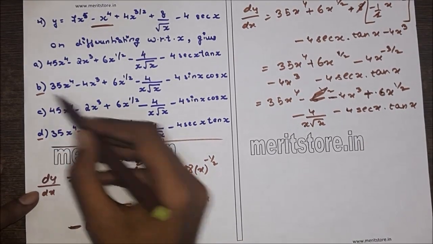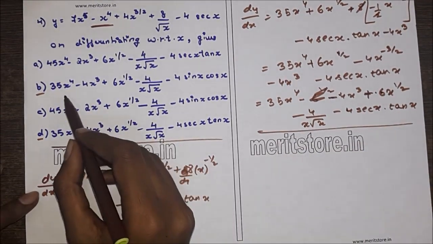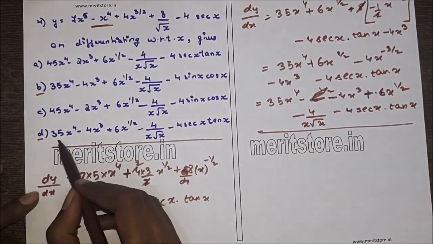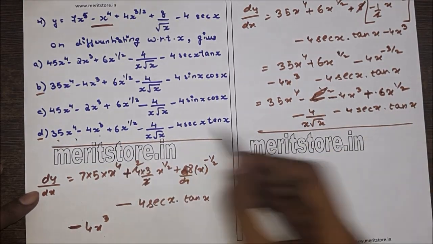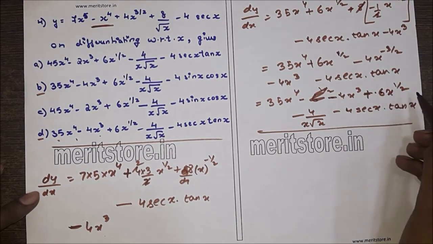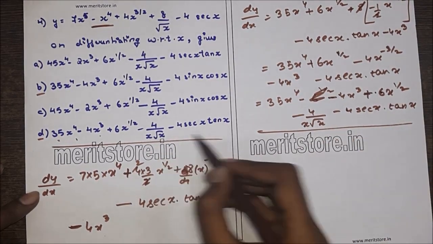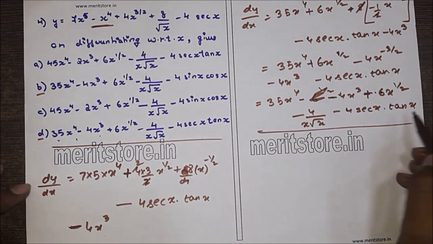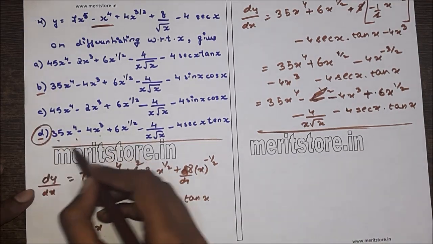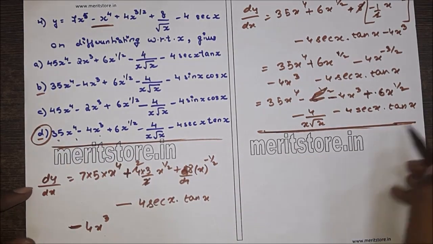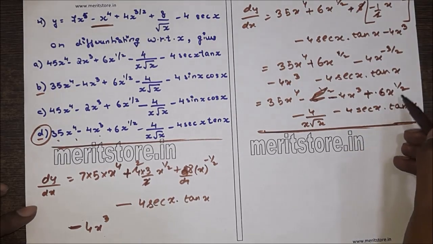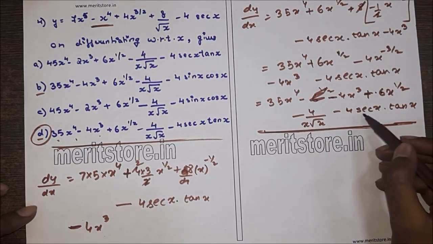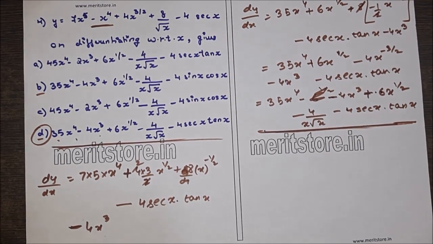So we compare B and C with the answer. We have 35 x raised to 4 minus 4x cube plus 6x raised to half minus 4 by x root x minus 4 sec x tan x. So the option is D.